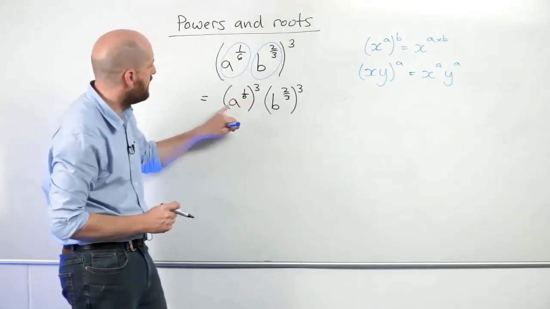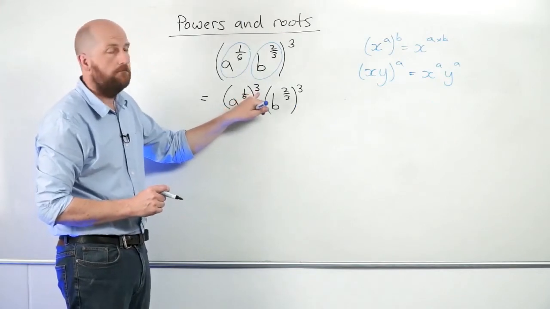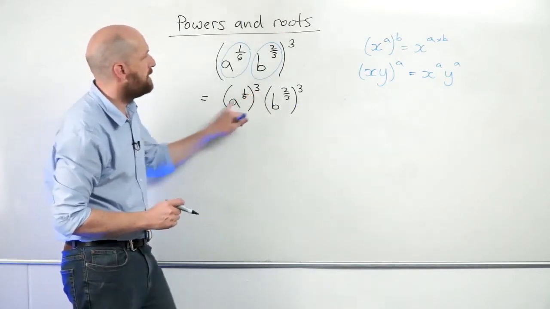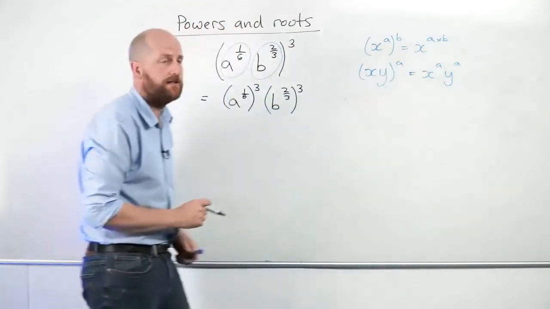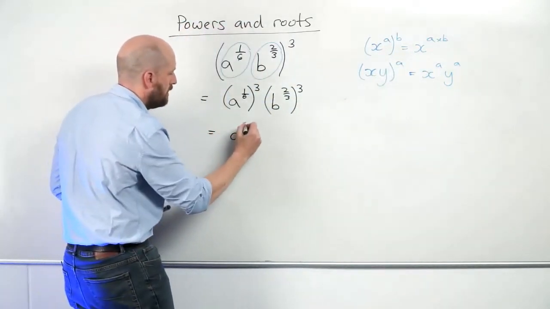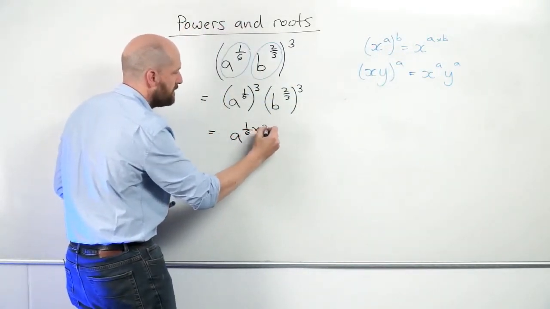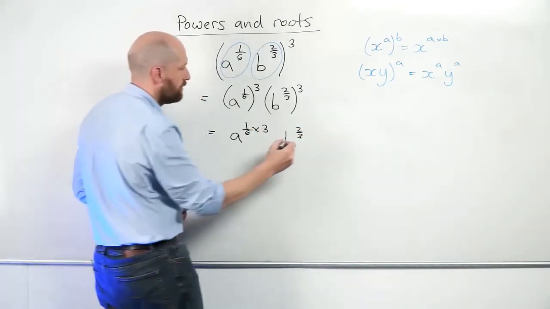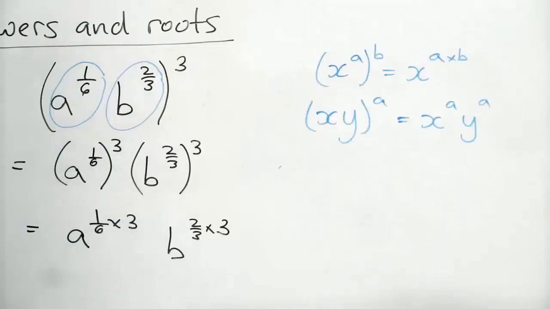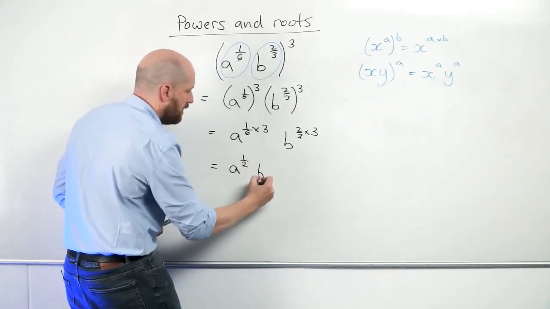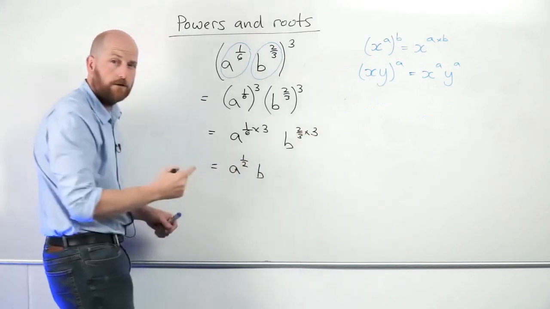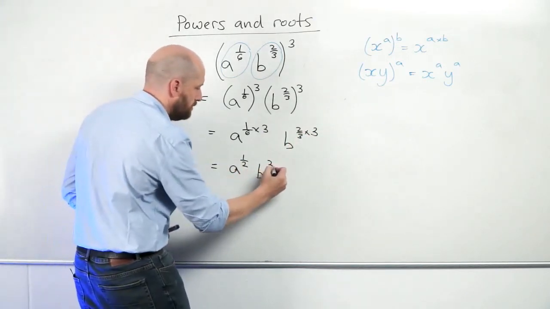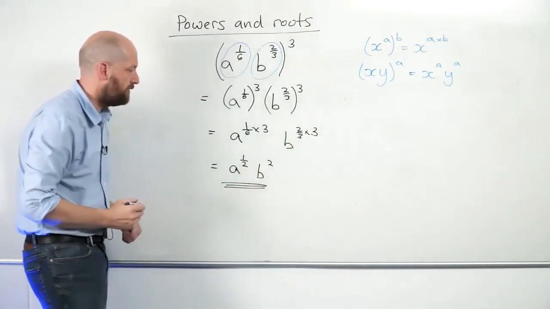So all I do is multiply the two indices. A to the power 1 over 6 times 3, and similarly with b to the power 2 over 3 times 3. Okay, and now we just have to do these relatively simple fractions. 3 over 6 is a half, and then b to the power 2 over 3 times 3 is 2. And that's the simplest form of this problem.